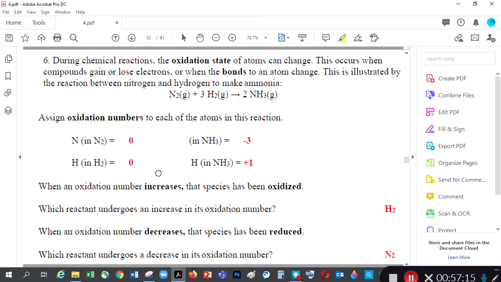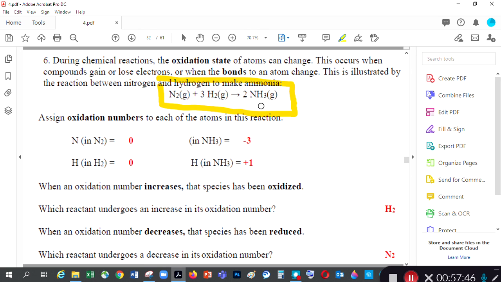So now let's look at the chemical reaction. During the oxidation-reduction reaction, atoms change their oxidation number. Let's look at this one here. We have nitrogen reacting with hydrogen to produce ammonia, or nitrogen trihydride.